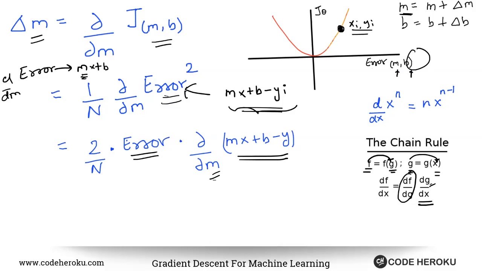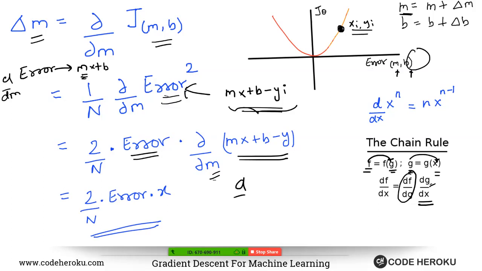So here's what we will get, right? We'll be just left with the x over here, because if you take d by dm of mx, in this case m is the variable. Generally you have x as a variable, so you say d by dx of x is 1, but in this case m is the variable, so m will be 1 and x is the constant that will come outside.